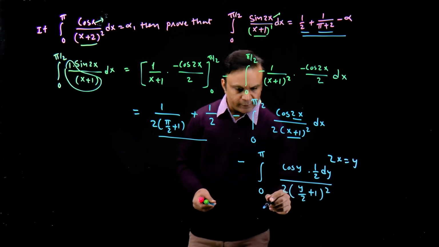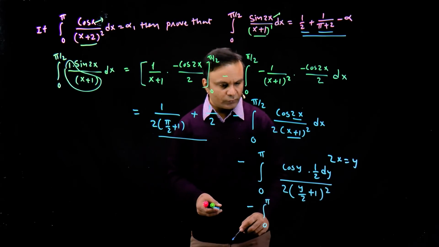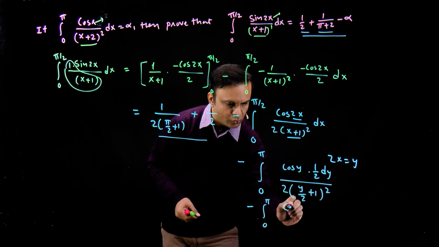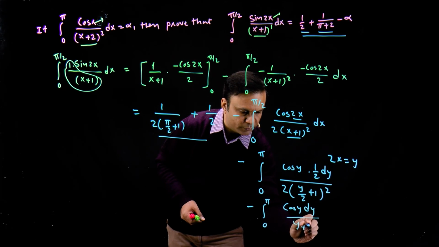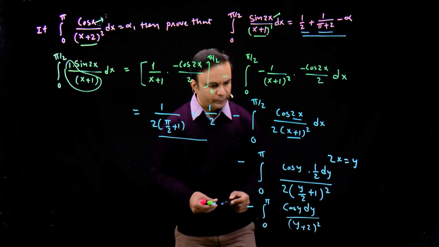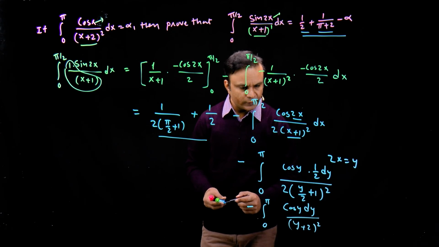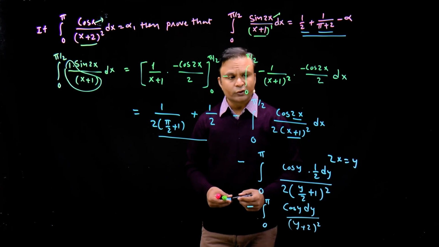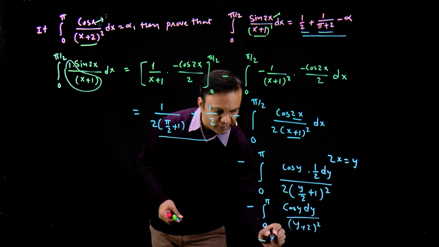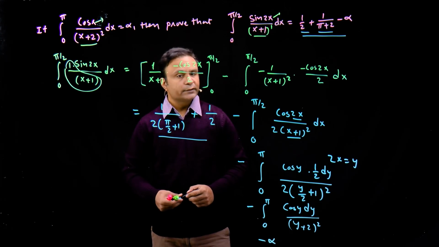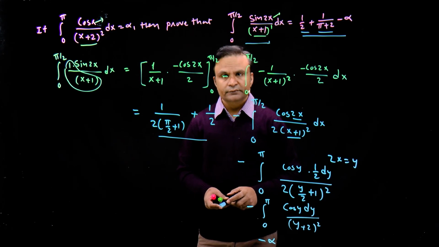Now I can write this as minus the integral from 0 to pi of cos y upon (y plus 2) whole square. This 2 gets cancelled out and I get (y plus 2) square in the denominator, and this value is alpha. So I am getting my result.